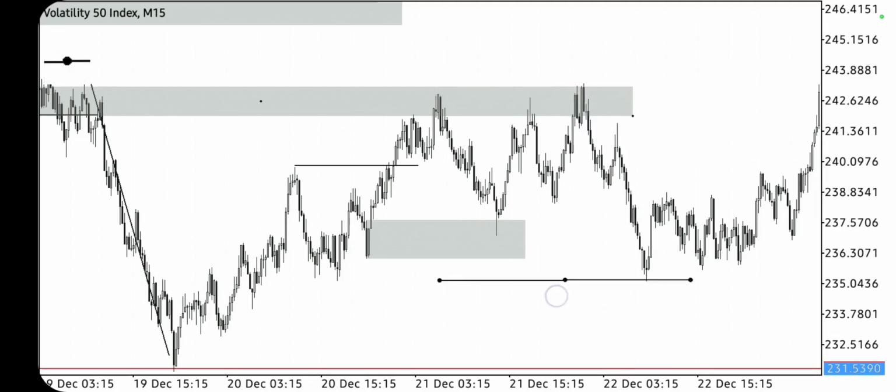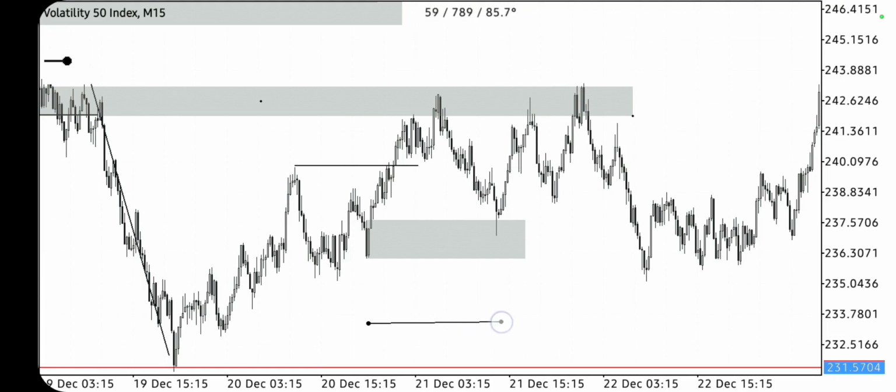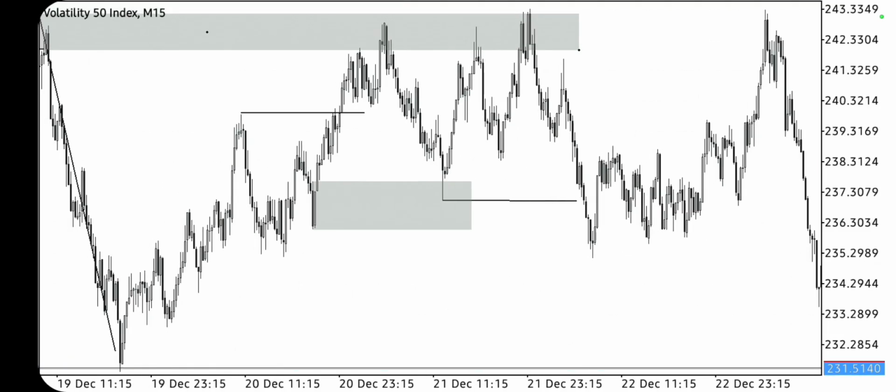We broke this high. So I am expecting the market to take this low. And once the market takes this low, I am waiting for my secondary POI or my primary POI. Then I enter into the market.